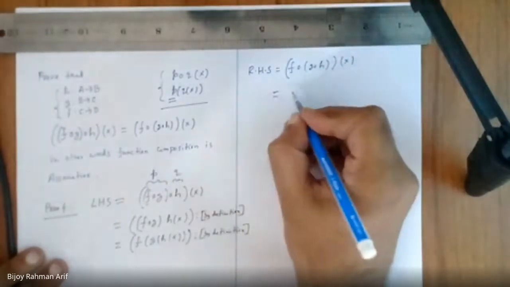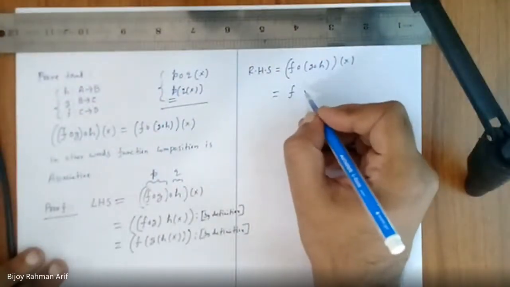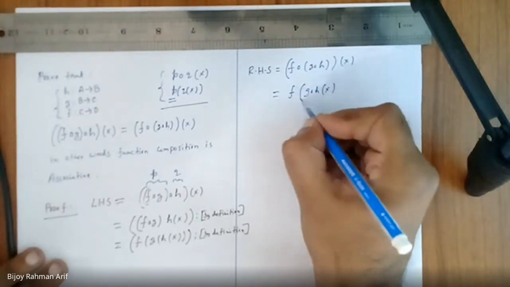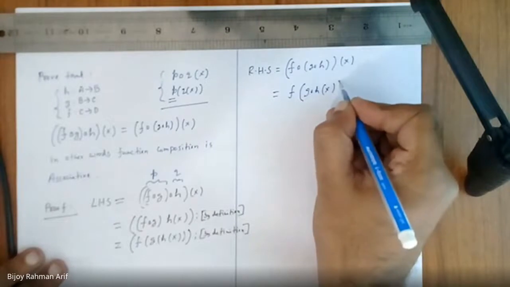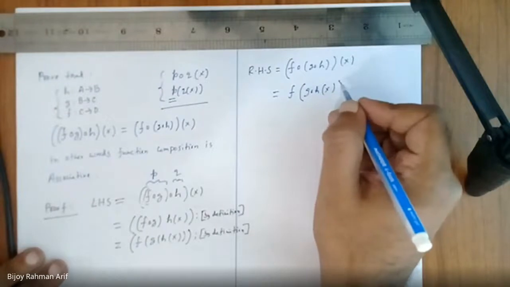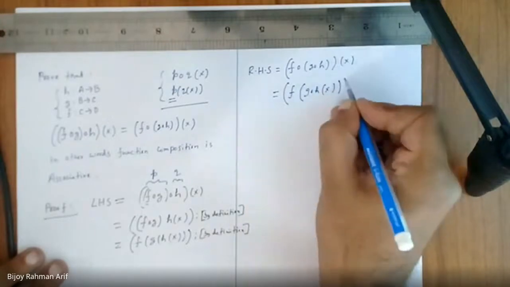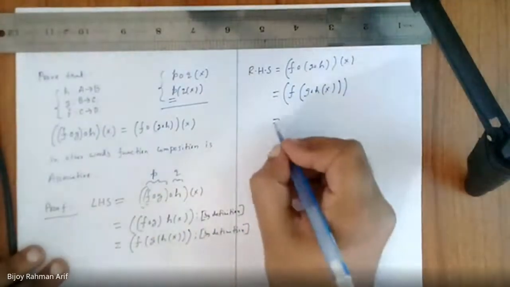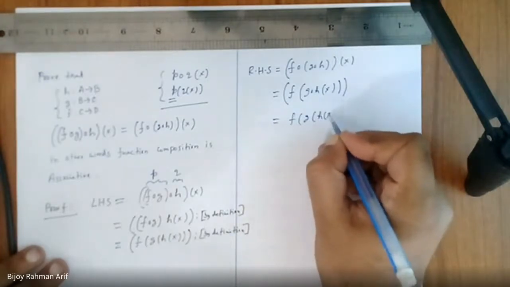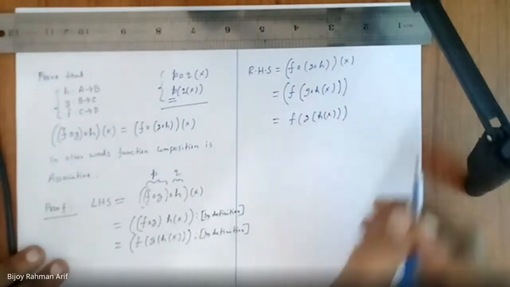So if we simplify, we can write F of G∘H (X), right? So it is nothing but F of G of H of X. Okay.